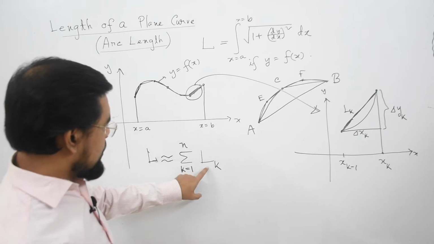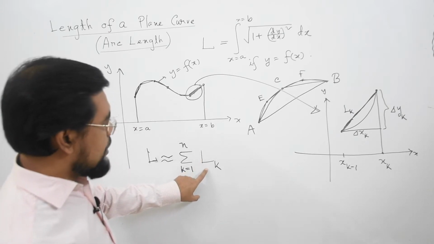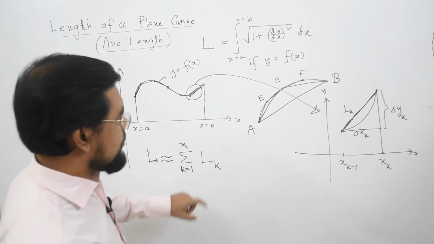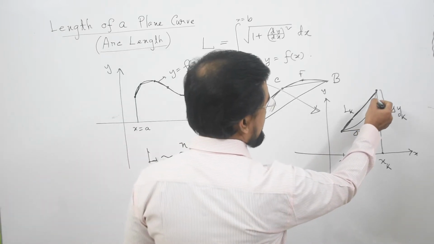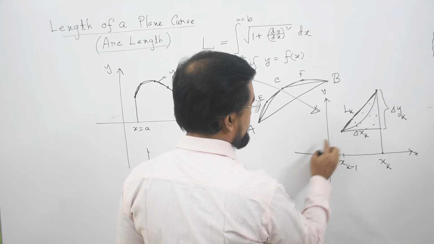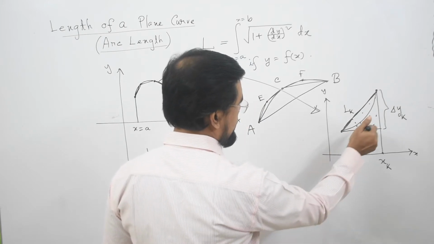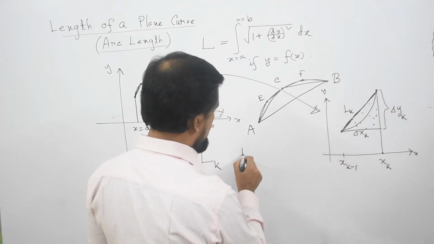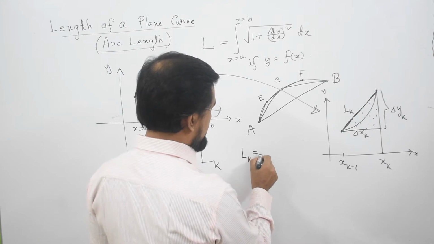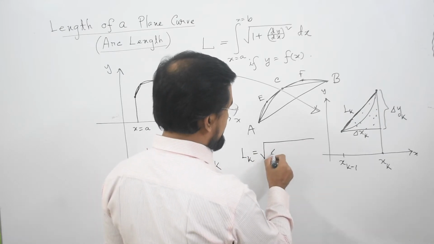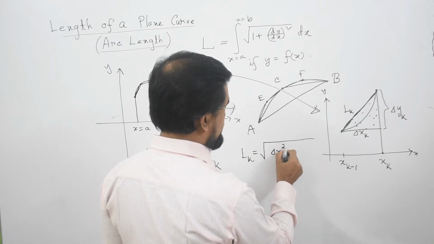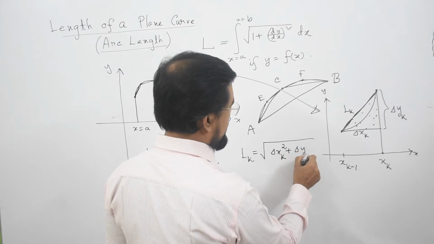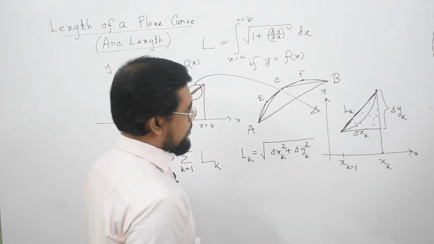So let us try to calculate L k. How can we calculate L k? By using the Pythagorean theorem, in this triangle L k is equal to the square root of delta x k squared plus delta y k squared.